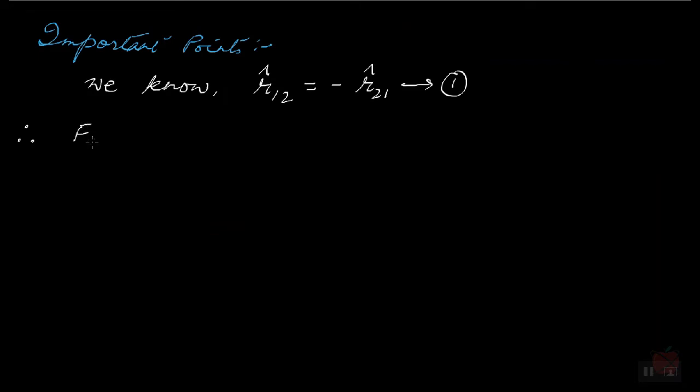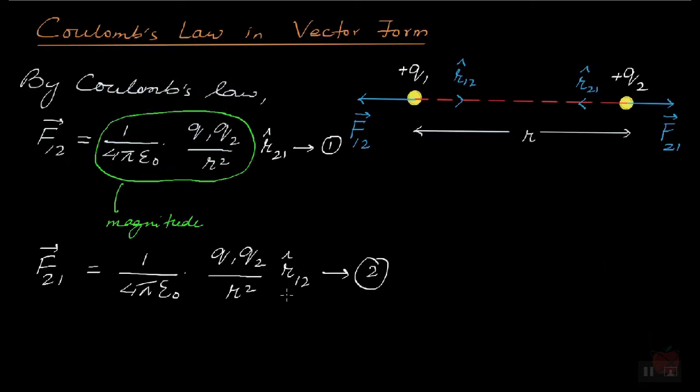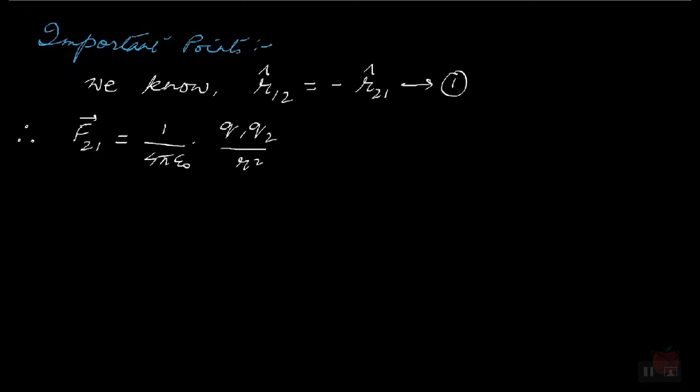F21 bar is 1 by 4 pi epsilon naught Q1 Q2 by R square. Instead of R12 cap, we can put minus R21. Yes or no? We can put here minus R21.